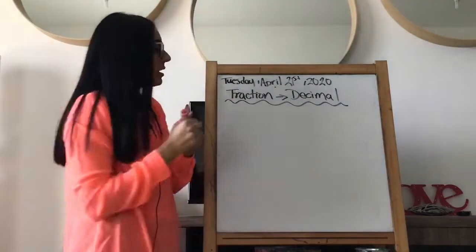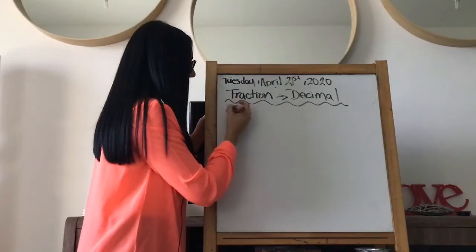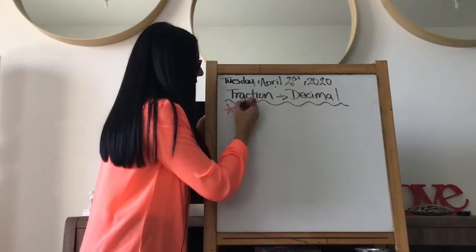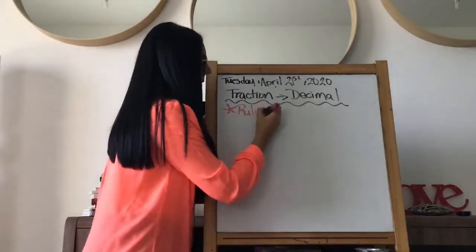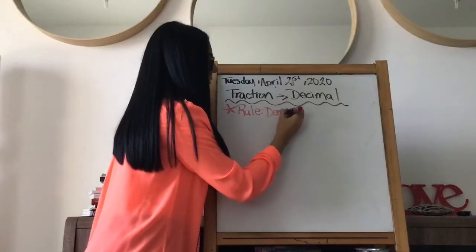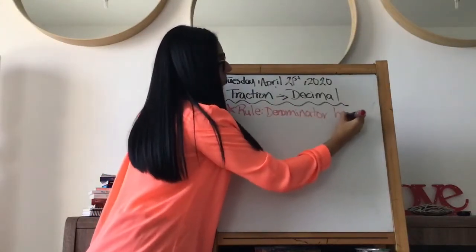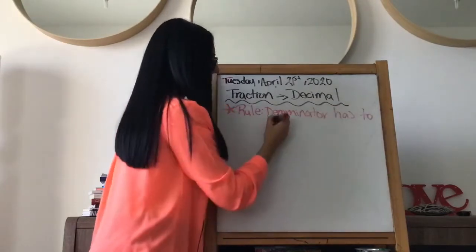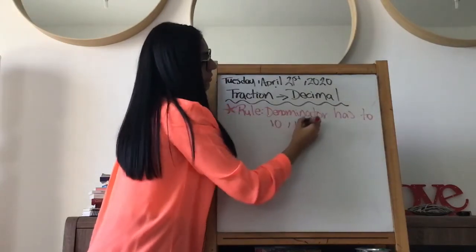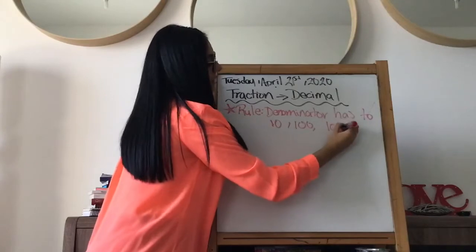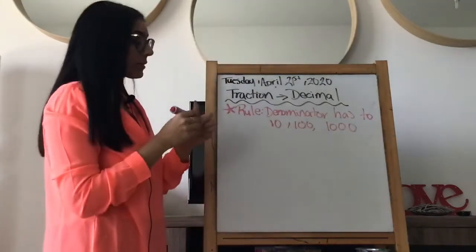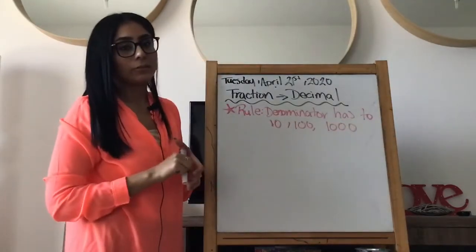There's not really steps, but there was one very important rule, that my denominator has to be what? It has to be either 10, 100, or 1,000. It can't be anything else for me to make it into a decimal.